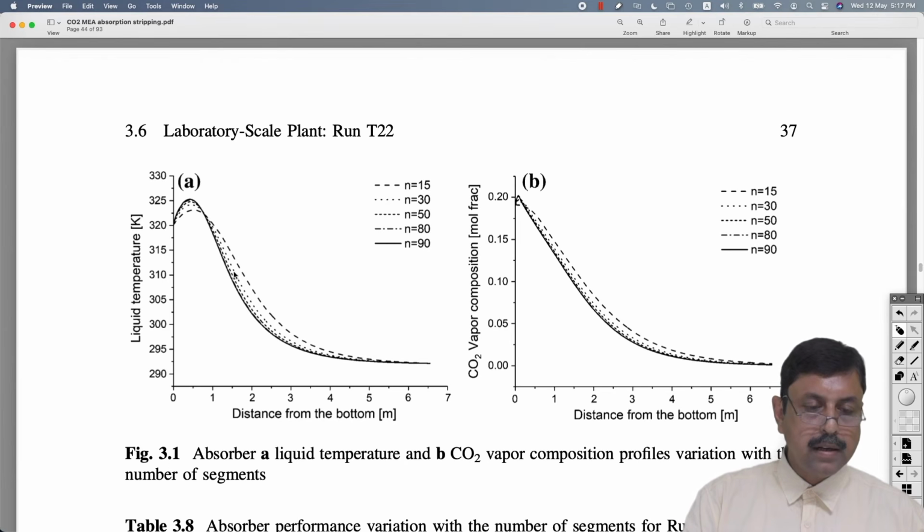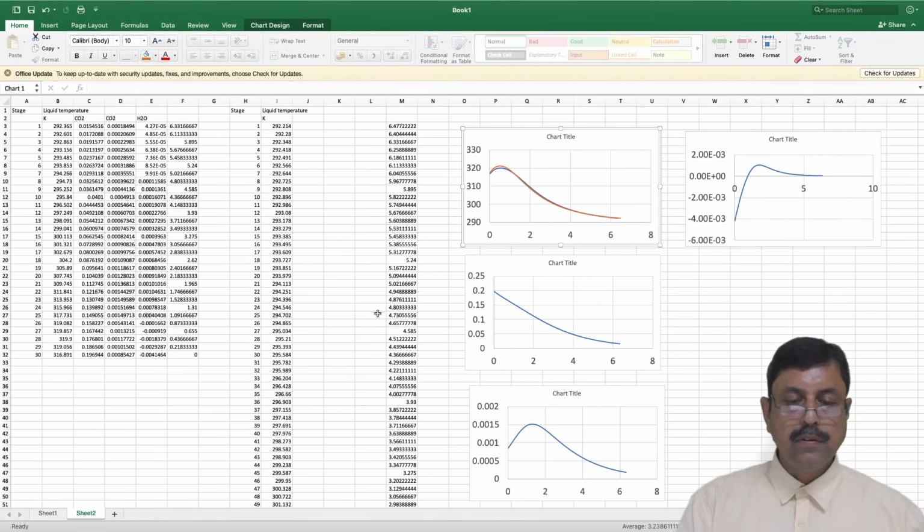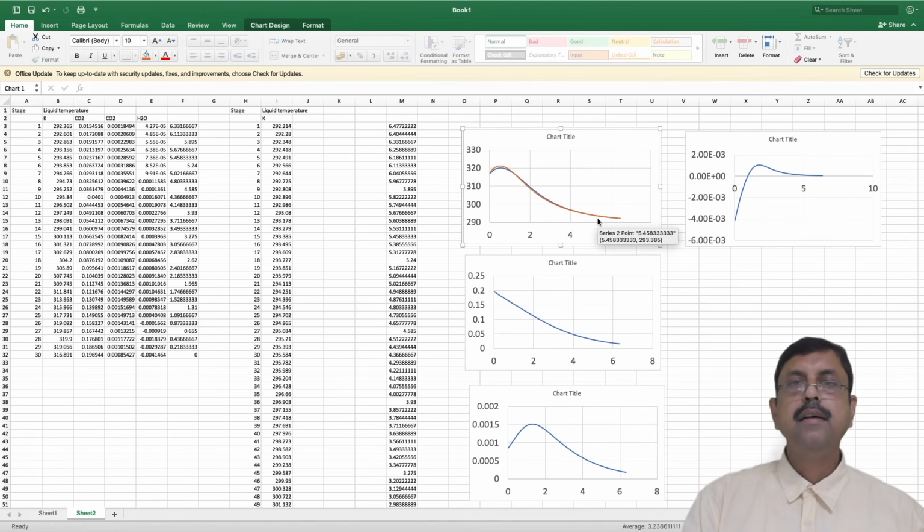And over here, after nearly 1 meter, the profile of a 30 stage column is higher than a 90 stage column.